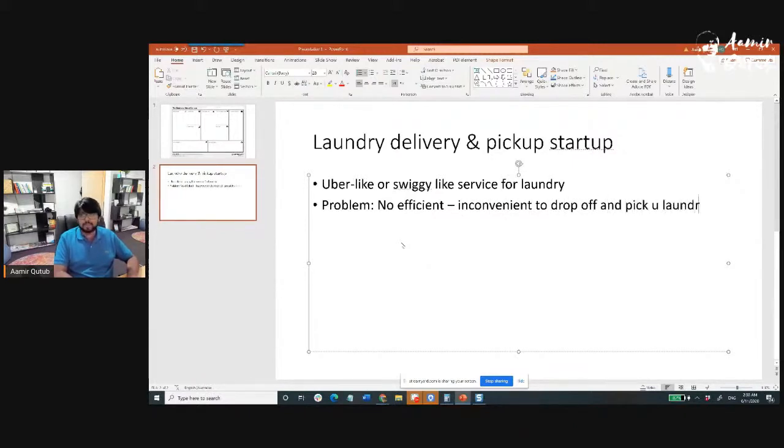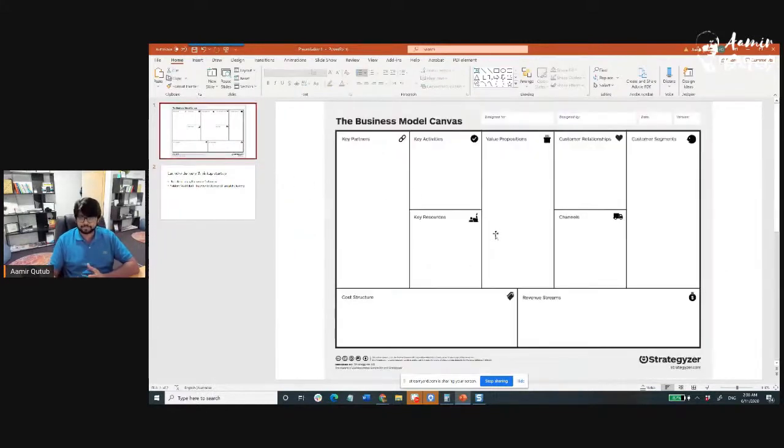Your solution is that you develop an application where a person can just request a laundry pickup. A van would come pick it up and drop it off to the local laundry provider. They will do all the dry cleaning and then return it back. So probably a model like this.